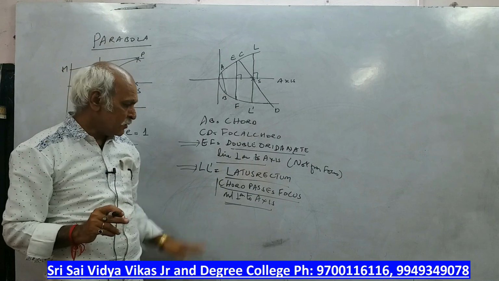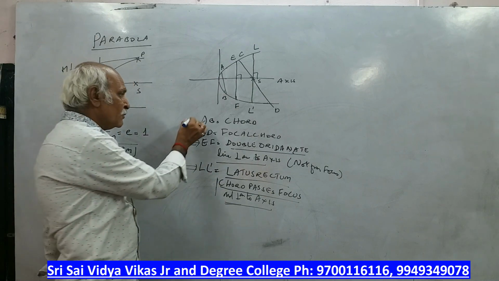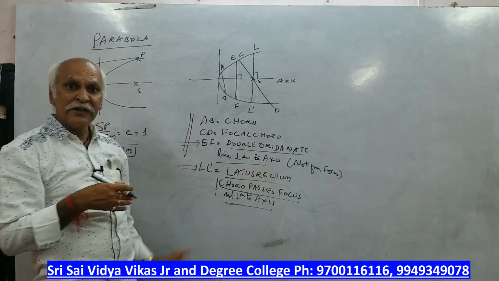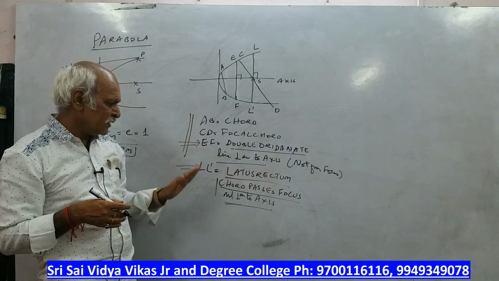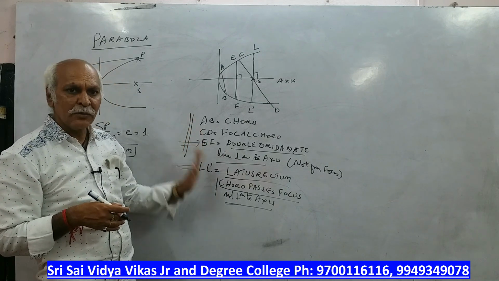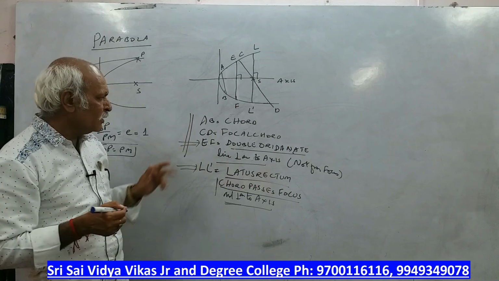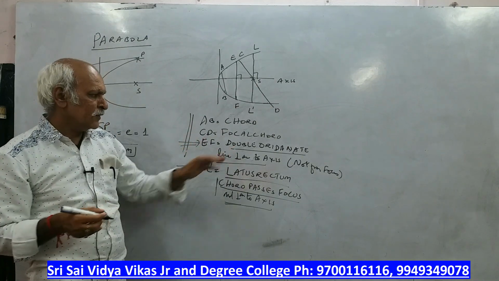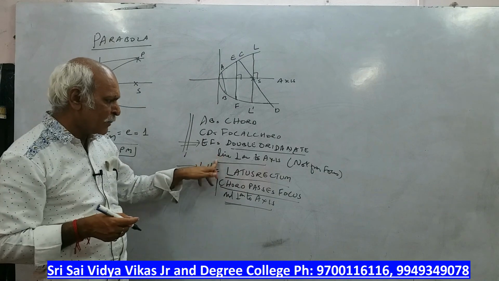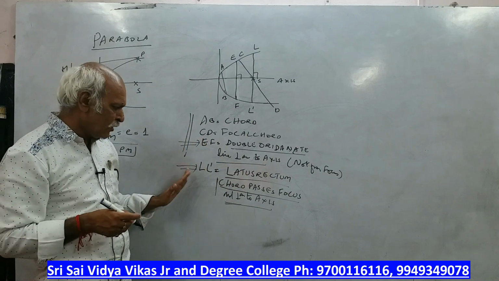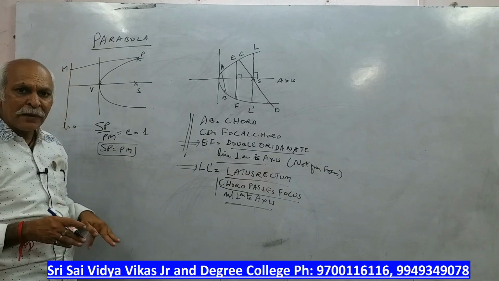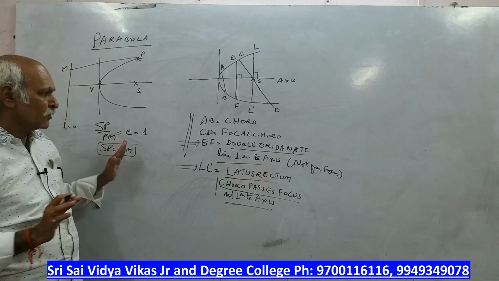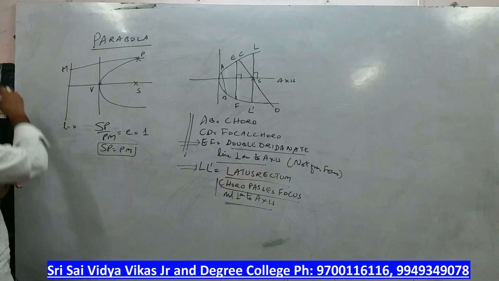That's why it is called the latus rectum. These names you have to remember. In all the conics we have to remember chord, focal chord, double ordinate and L dash, but particularly we talk about the parabola here. So AB is a chord, CD is a focal chord, EF is a double ordinate, which is a line perpendicular to the axis, not through the focus. L dash is called the latus rectum, a chord that passes through the focus and is perpendicular to the axis. Okay, these names we have to know. Okay, note this down.